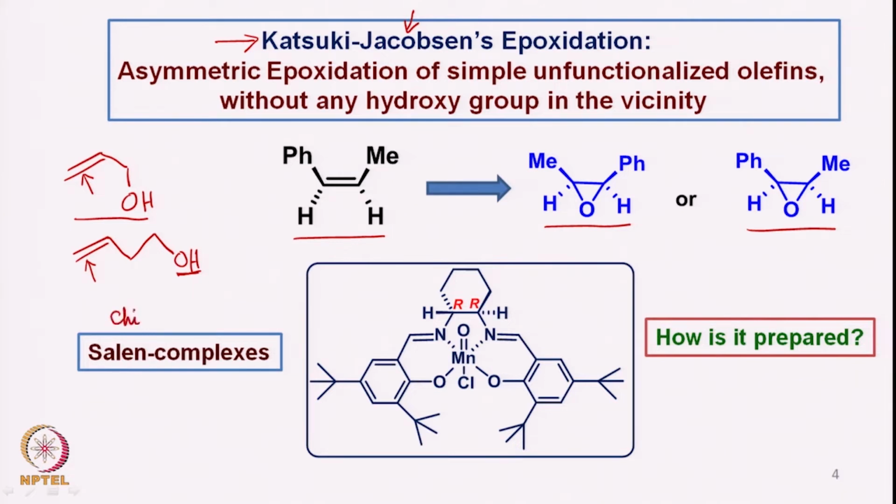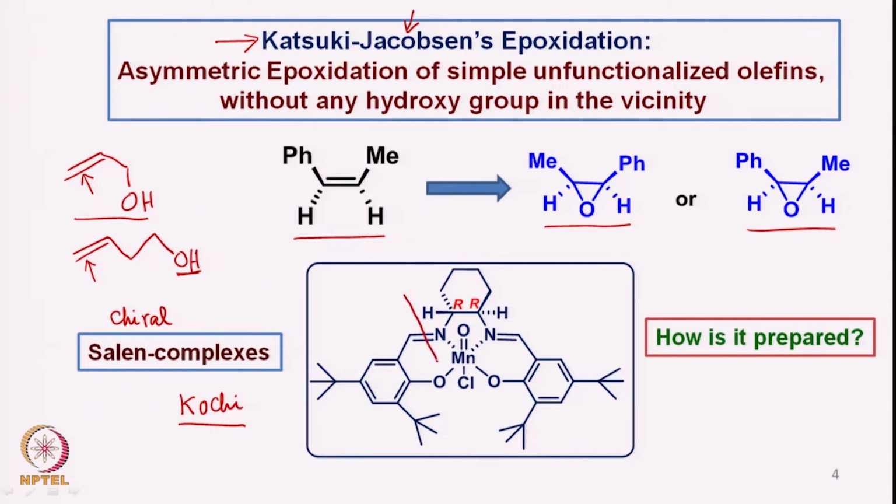This is a chiral salen complex. Of course, these kind of complexes were originally described by Kochi, however the asymmetric version has now been developed by Katsuki and Jacobsen.